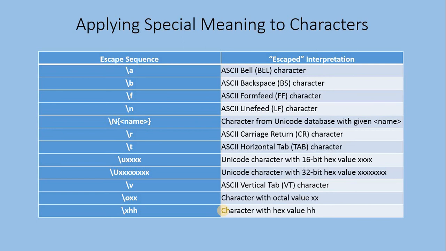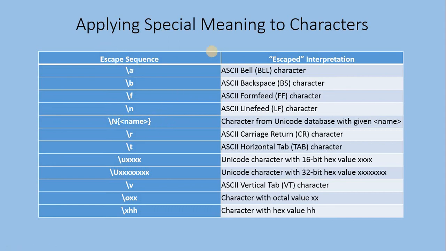In Python and almost all other common computer languages, a tab character can be specified by an escape sequence, backslash t.